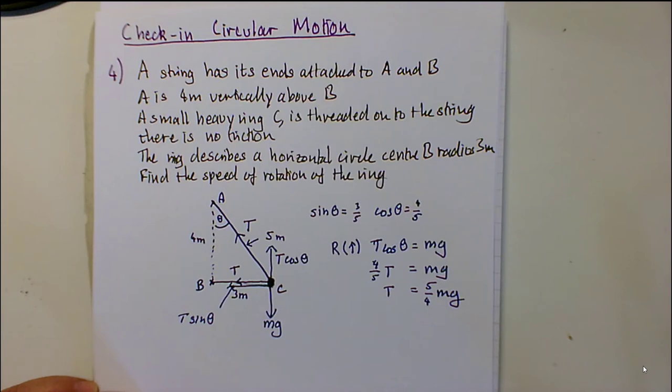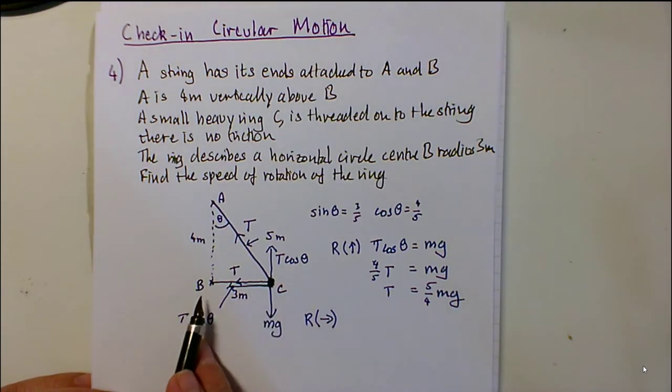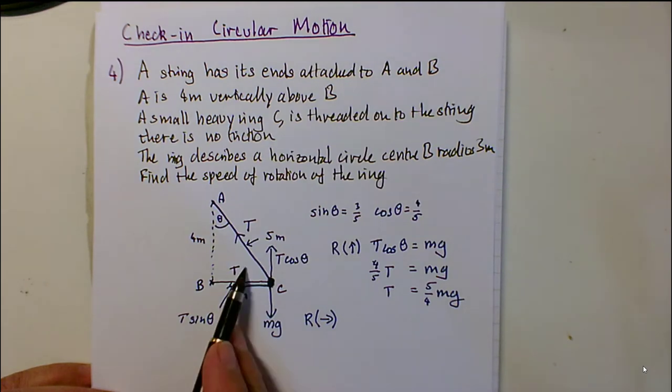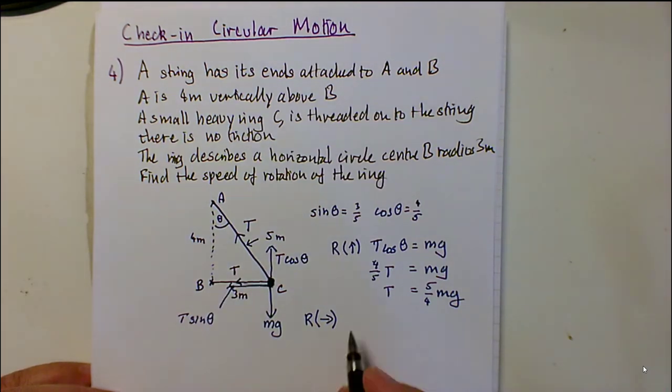Now I'm going to resolve horizontally. Now, I have a net radial force towards the centre horizontally because I've got circular motion. And what's delivering this force? Well, I've already seen. It's T plus T sine theta.